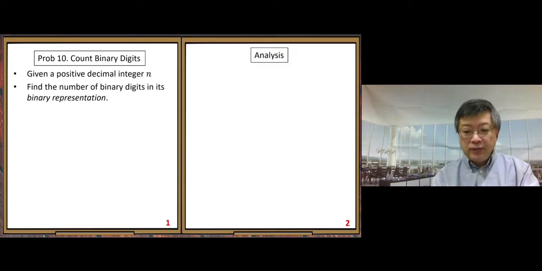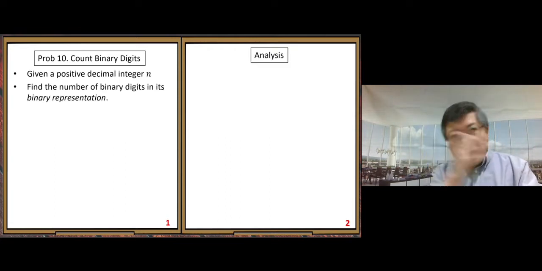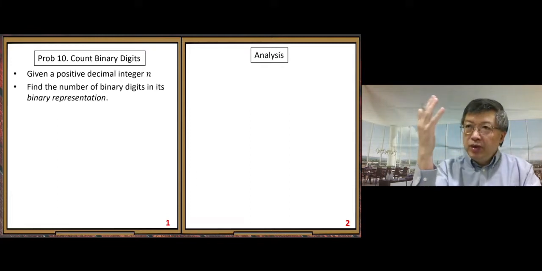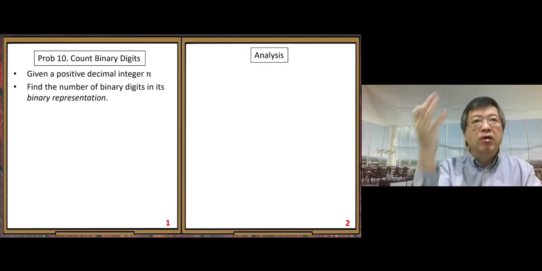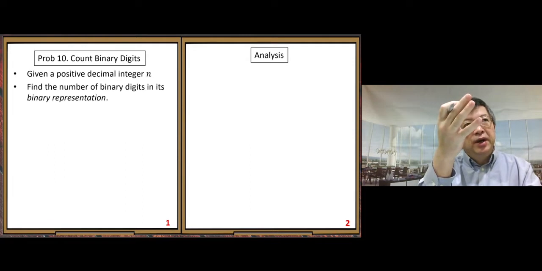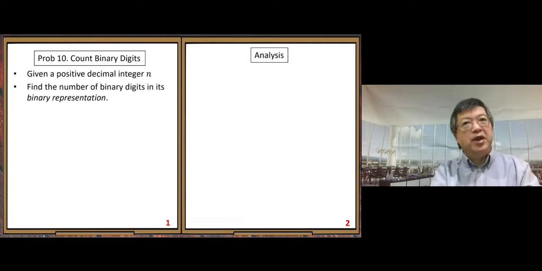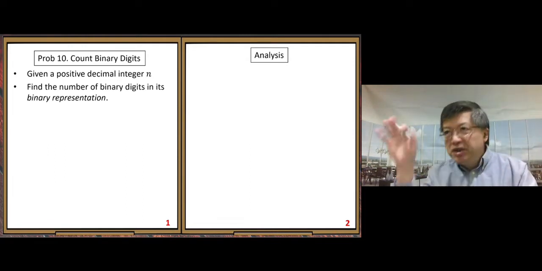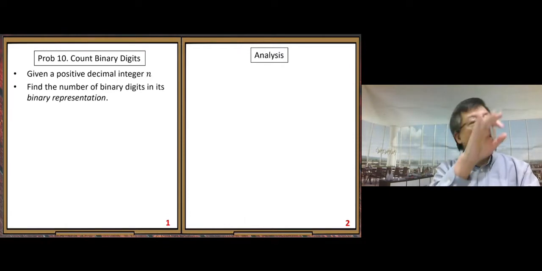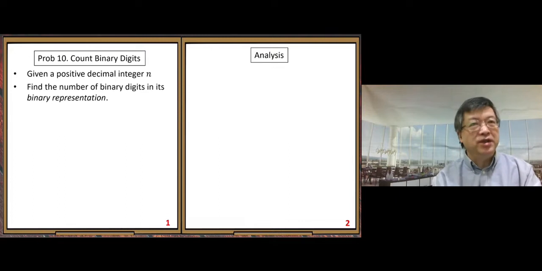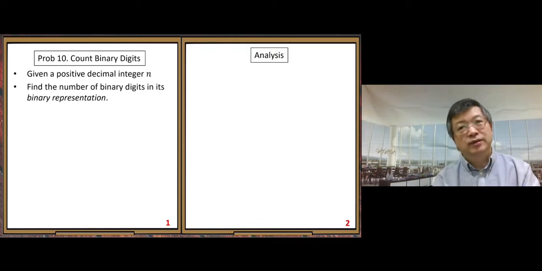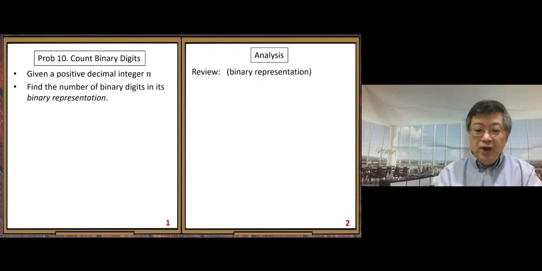Here, I just want to look at the simple, basic number representation for a general system. Let's just look at the binary representation; the general representation would go too far. Let's review binary representation.